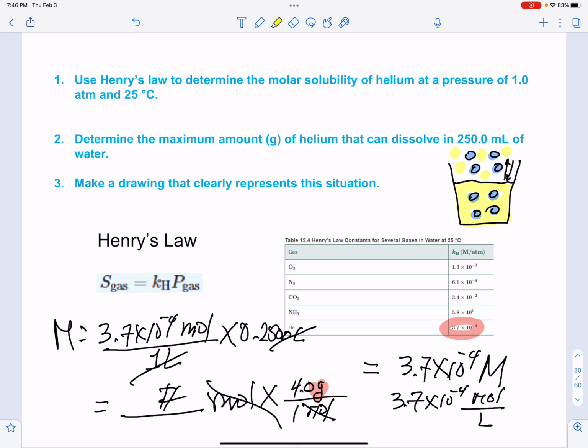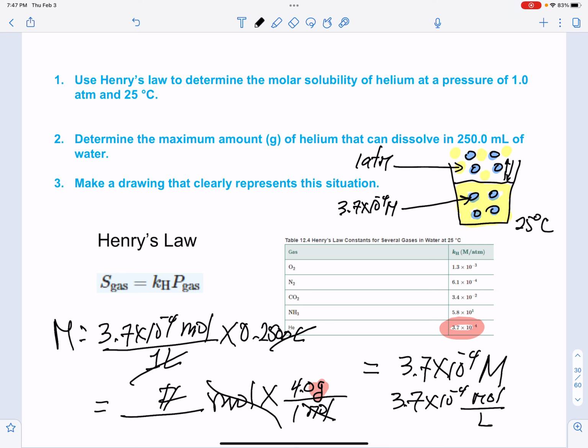And what I'm going to say is that the amount that is dissolved is 3.7 times 10 to the minus 4 molar. I'm going to say that the pressure is 1 atmosphere, and this is happening at 25 degrees Celsius. And that's how you can clearly represent this situation.